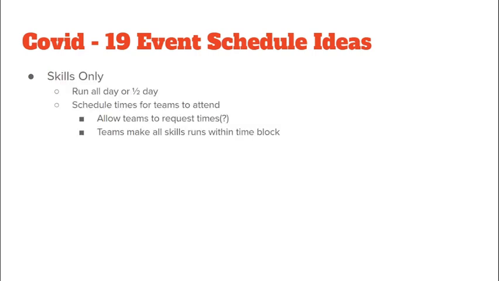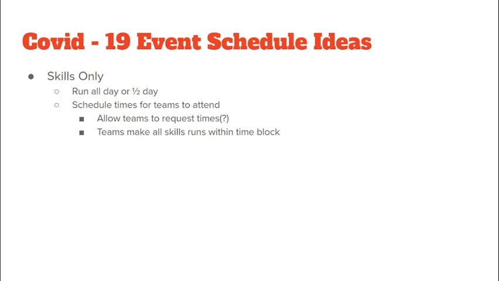Finally, one of the big ones is the skills only event. This is something that's pretty much wide open for how it's handled. We haven't done this in IQ, so this is pretty much new for IQ, where teams can show up.